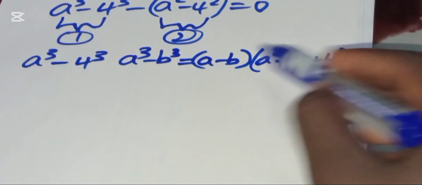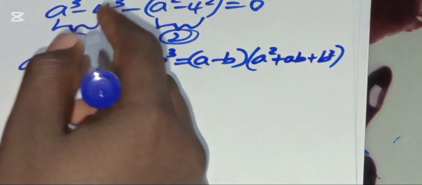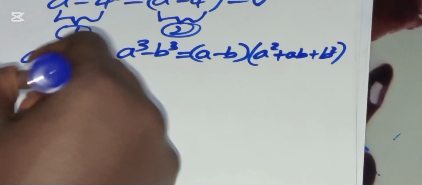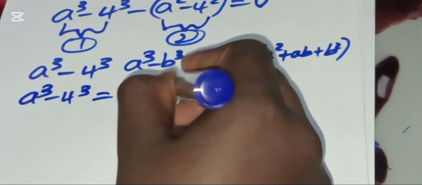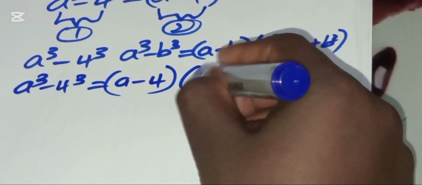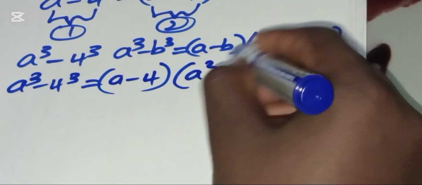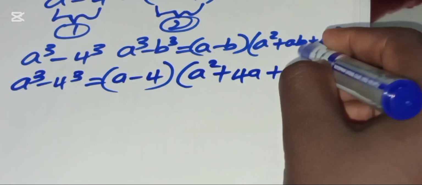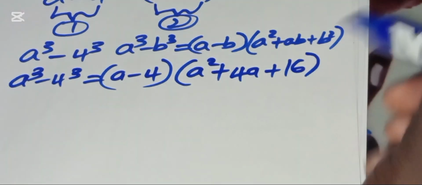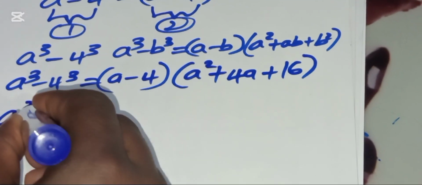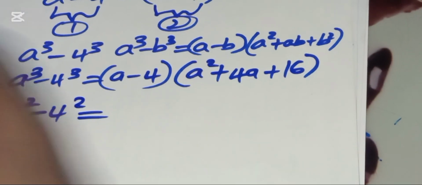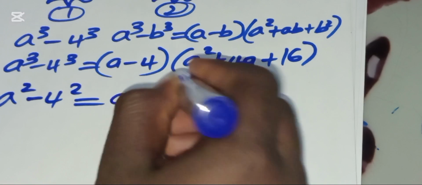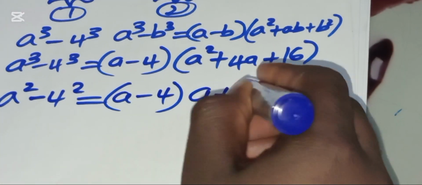So let's apply this property: a minus 4, a squared plus 4a plus 4 squared, which is 16. And the second part, a squared minus 4 squared, is the difference of two squares, expressed as a minus 4 and a plus 4.